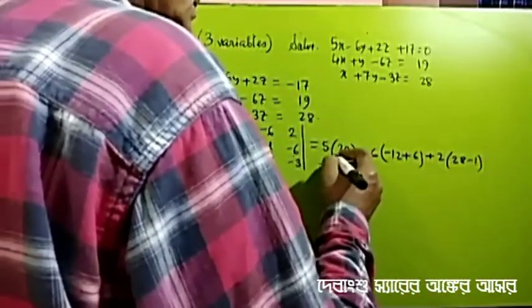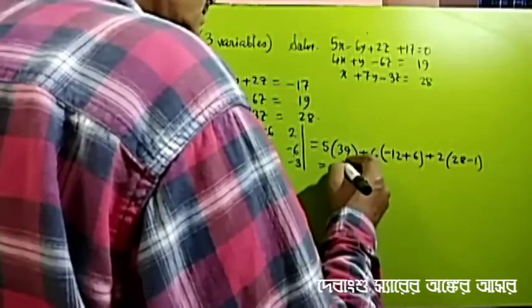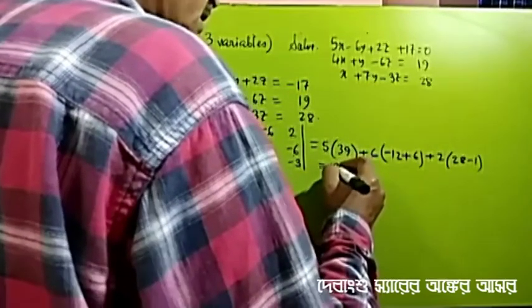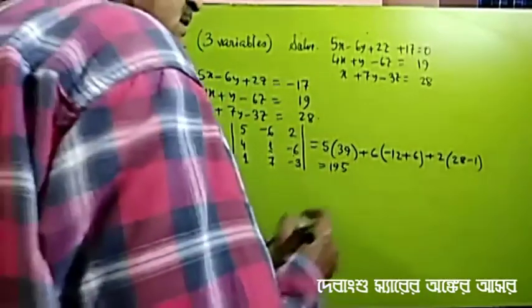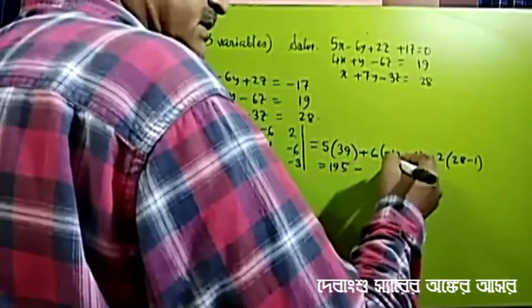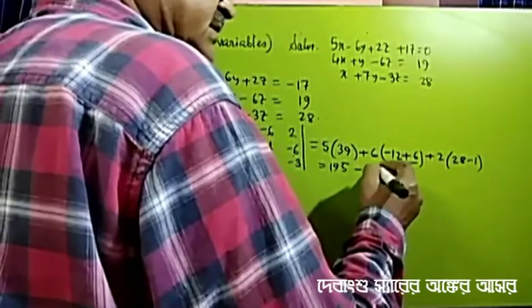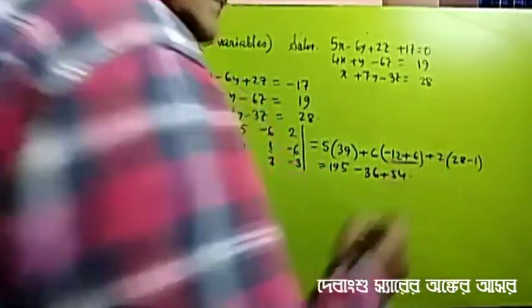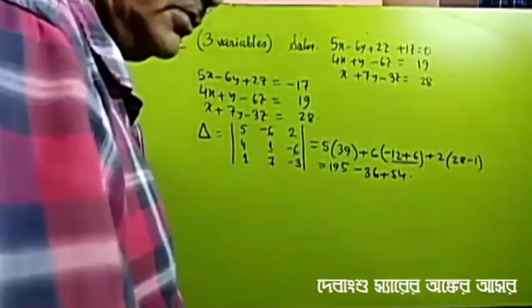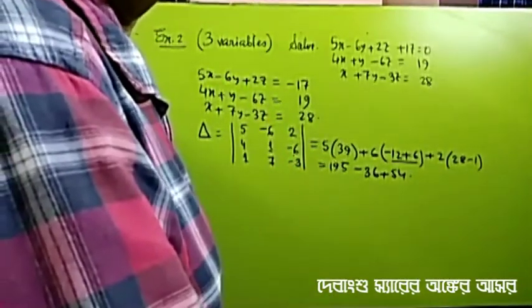So it is 195 probably. This is 6 minus 36. This is 54. So you can calculate this value.